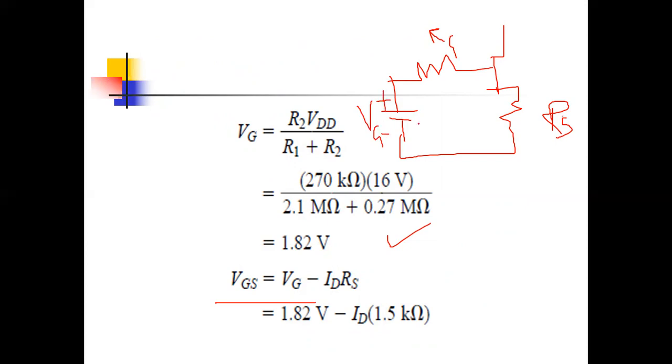If you apply the KVL equation here, always remember we have to use VGS between gate and source. What is the KVL equation?